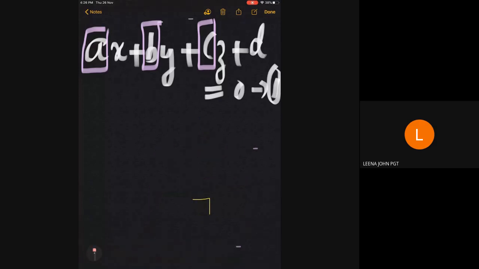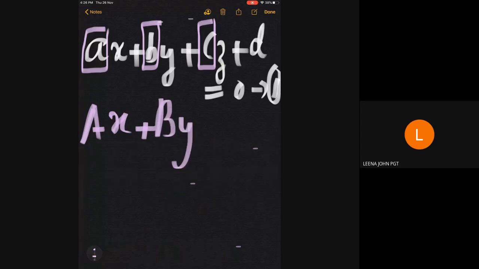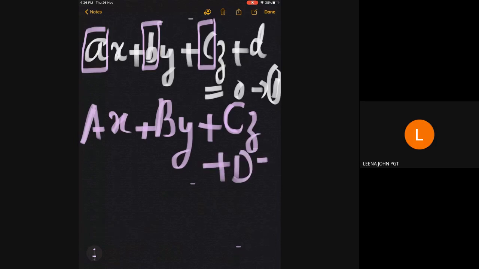Now, we are given two planes, right? So let the second plane be, the same a, b, c, d we cannot take, so let it be capital A x plus B y plus C z plus D equal to 0. Let it be equation number 2. Then let these two planes intersect along a line.